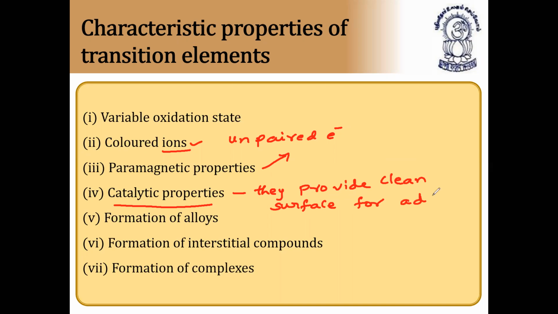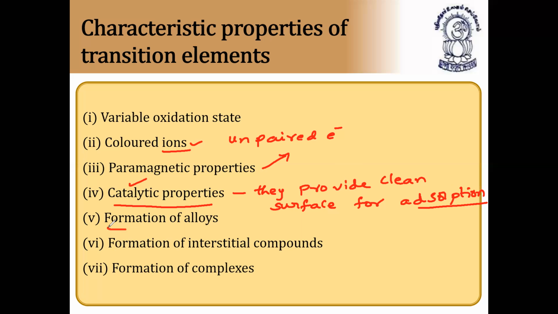This topic we have already discussed in surface chemistry. Why are only transition metals, like iron, cobalt, nickel, platinum, etc., taken as catalysts in most reactions? Because they provide a clean surface for adsorption. Once adsorption takes place, the reactants come closer to each other, due to which the reaction takes place faster. That's why they are used as catalysts.